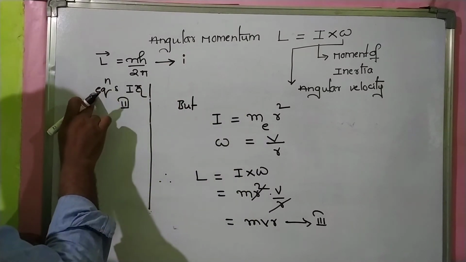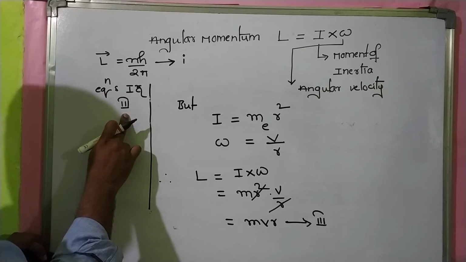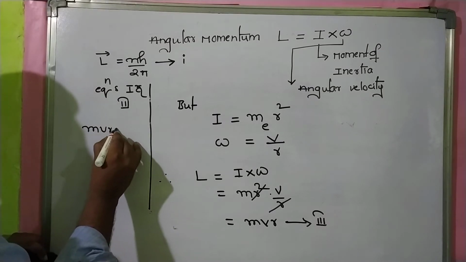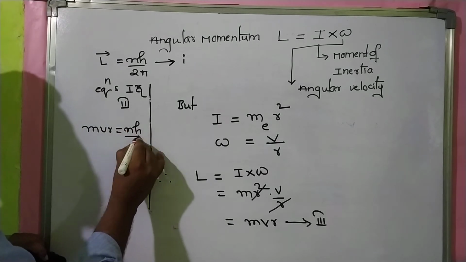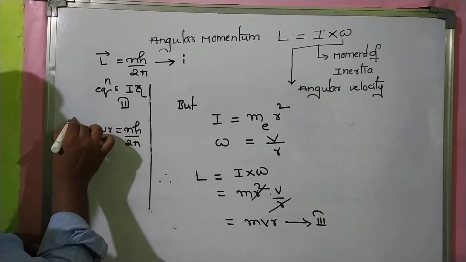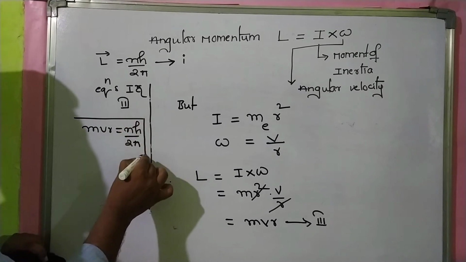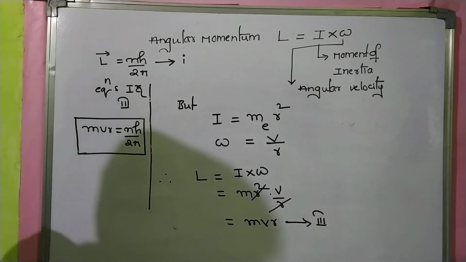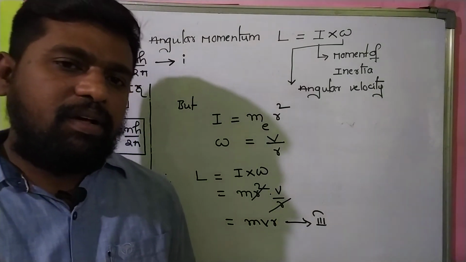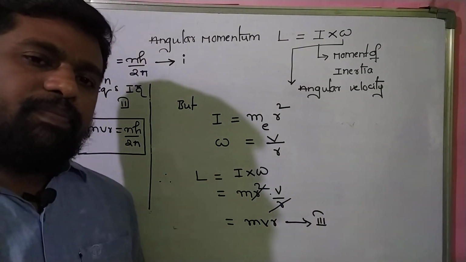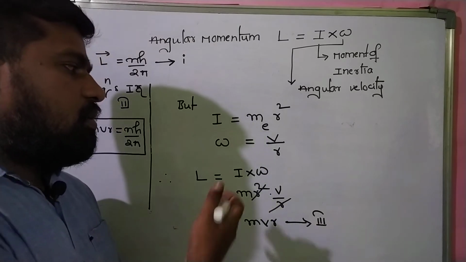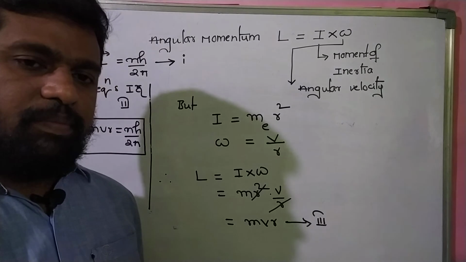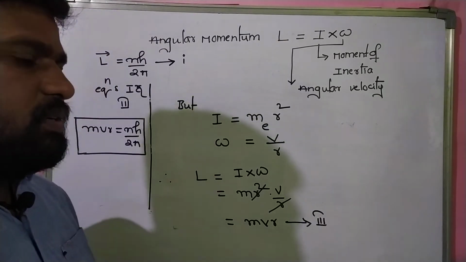By using the first and third equations, we get mvr equal to nh by 2 pi. Here are two different types of explanations for orbital angular momentum. Very very important. I think everybody understands. So very very important, the mathematical terms of orbital angular momentum. Please note.